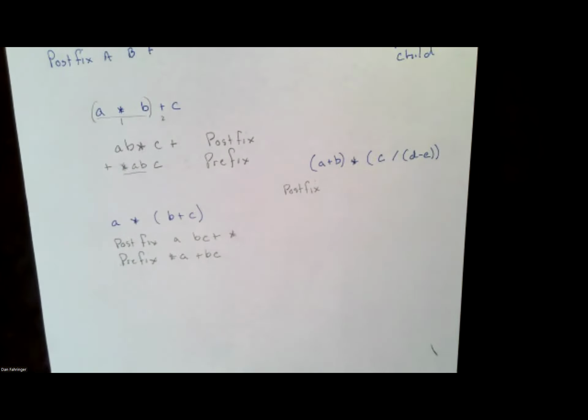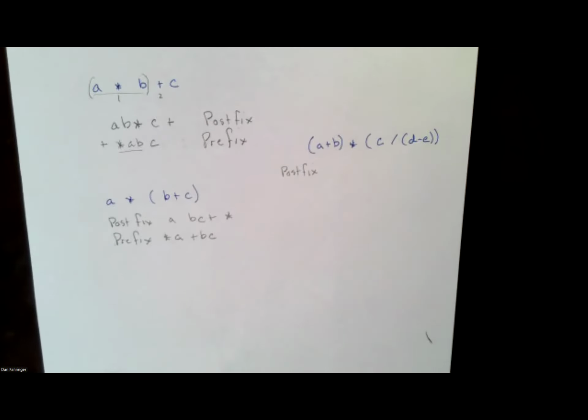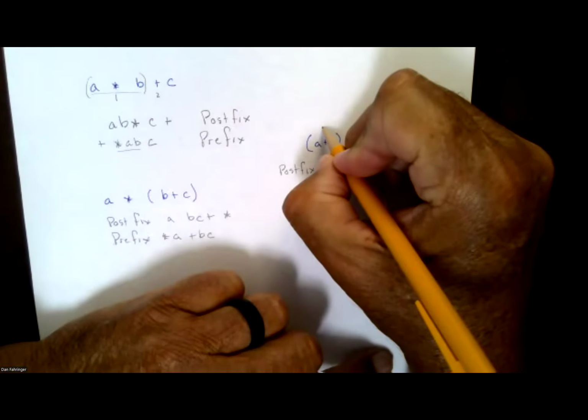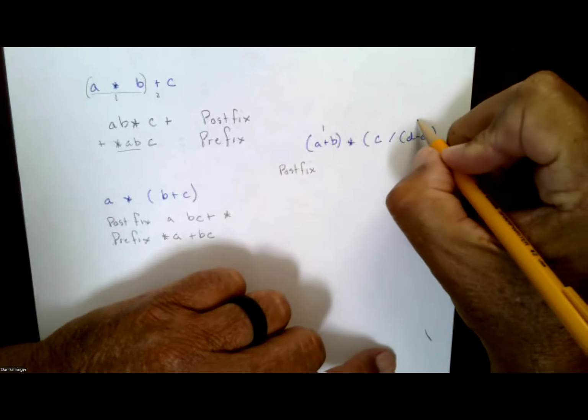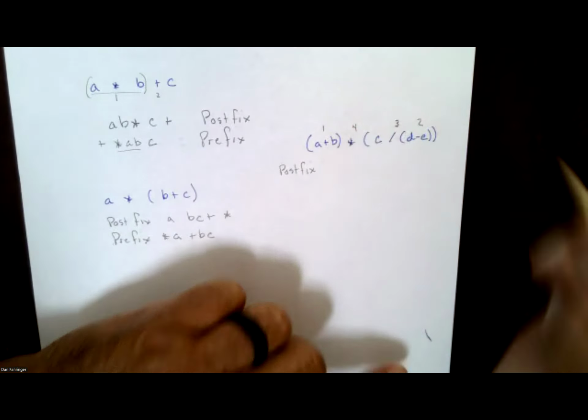Is that a times or a plus in the middle of B and C? Times. Okay. Let's see. This would get done first. This would get done second, third, and fourth.